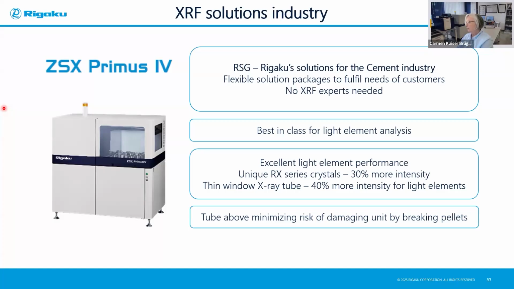Yes, so if you have a heavy matrix, maybe even a metal sample or a slag or a ferroalloy, it's also possible to measure boron. Of course, we need to always try to choose the best sample preparation technique. So if it's a powder, ensuring the best practice for pressed powder.